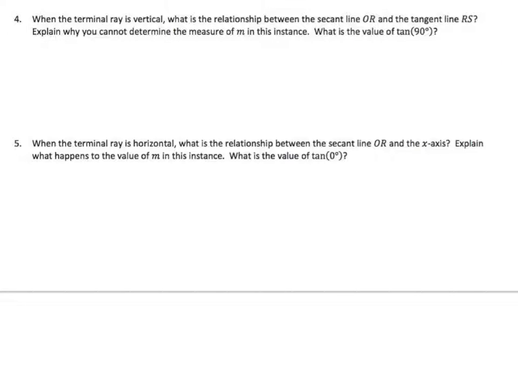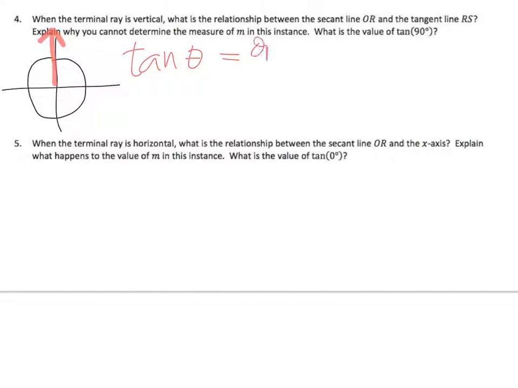Okay, when the terminal ray is vertical, what is the relationship between secant line OR and tangent line RS? Well, as the secant line is vertical, I can't do opposite over adjacent. It just doesn't work. So tangent theta is opposite over adjacent. Or let's look at it this way.